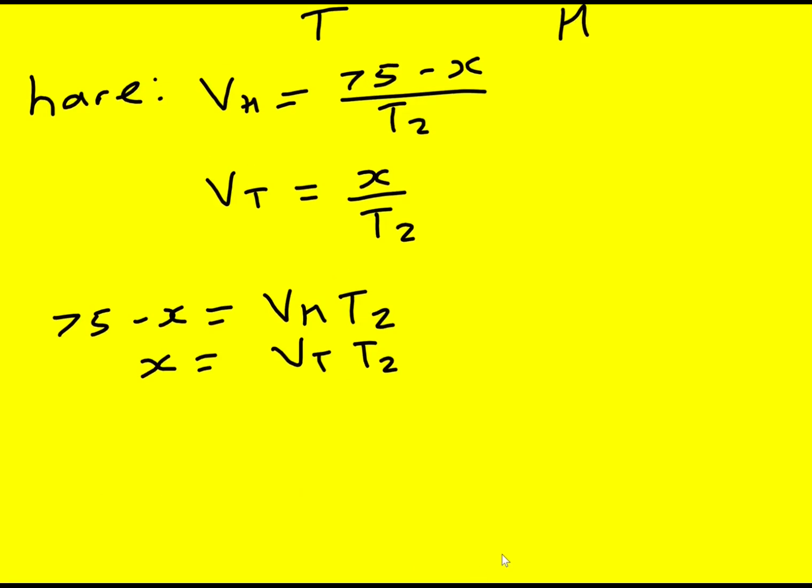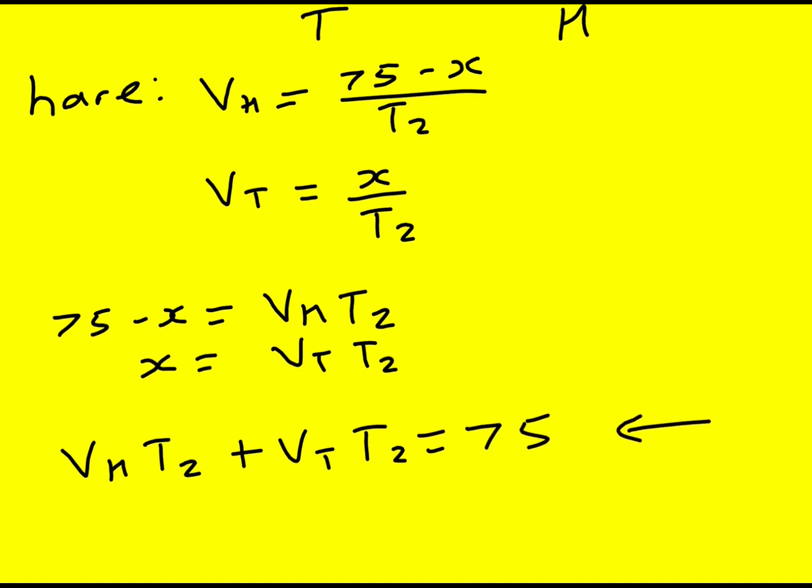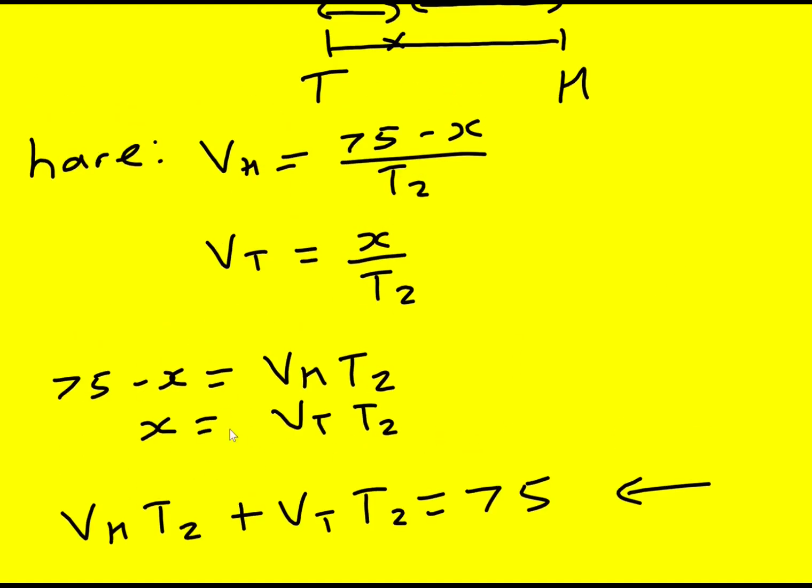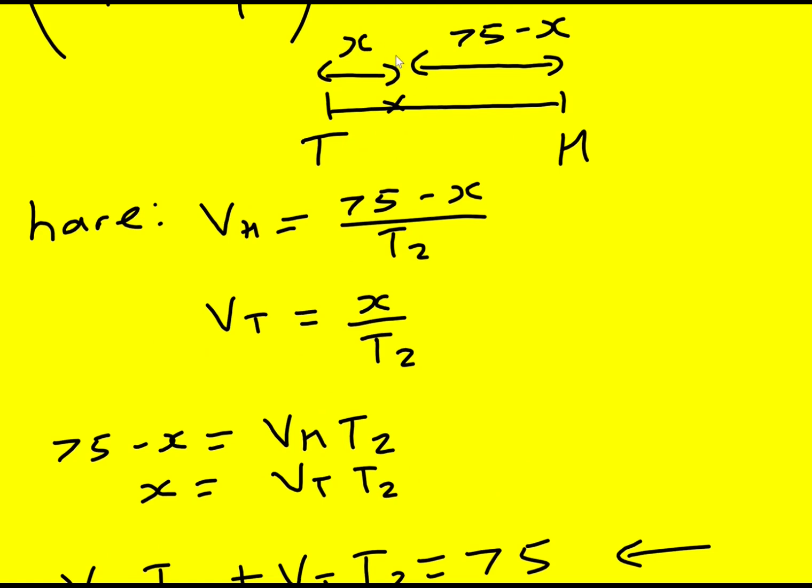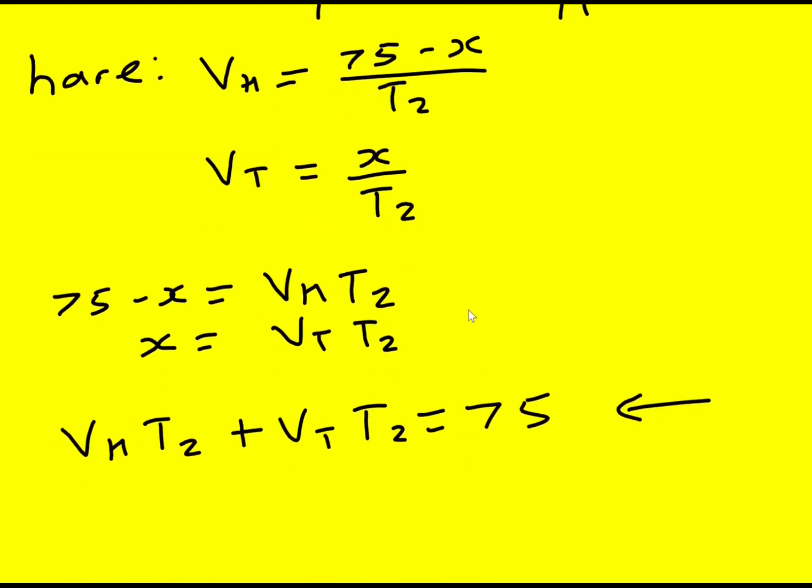If I add these together, then the velocity of the hare times T2 plus the velocity of the tortoise times T2 is going to equal 75. Now, actually, I could have said that right at the start. I'm just talking about how I did it. I kind of fumbled my way through it, but we've got this formula now. But this X is going to come in useful because this is what I'm trying to calculate.